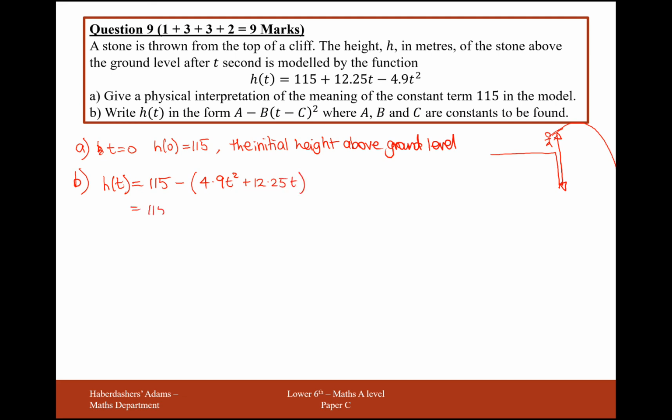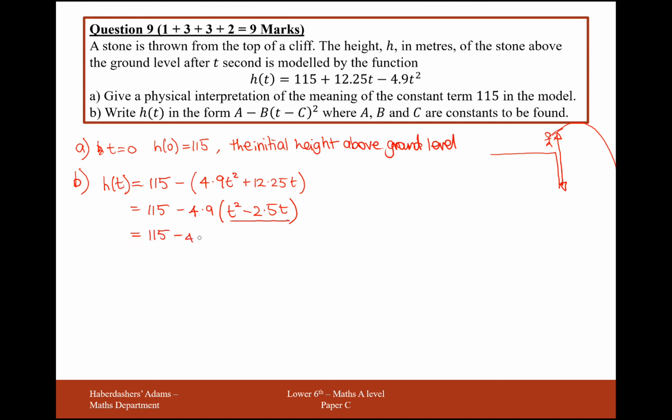Okay, so the next thing I'm going to do is now pull out 4.9 from both of these terms here. So minus 4.9, and I'll be left with t squared, and 12.25 divided by 4.9 gives me 2.5t. And from here I'm now going to complete the square with this expression here.